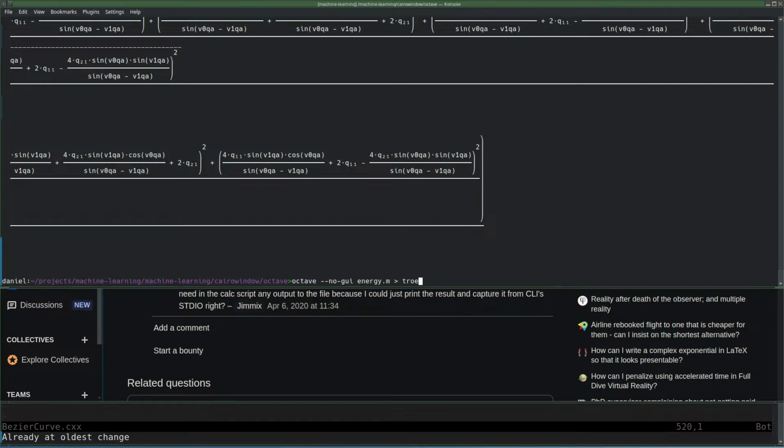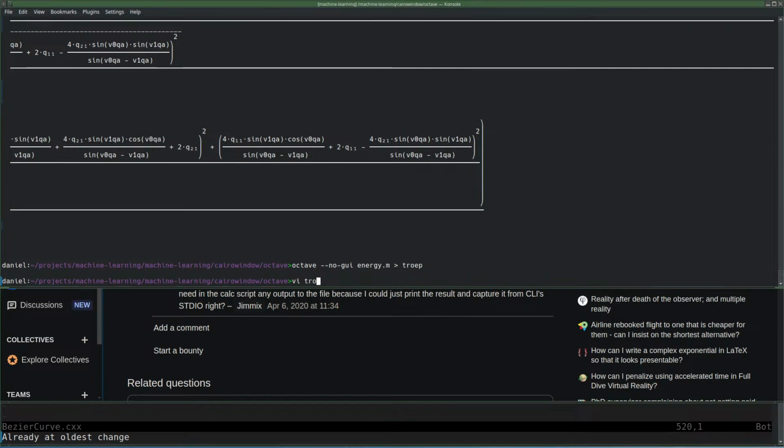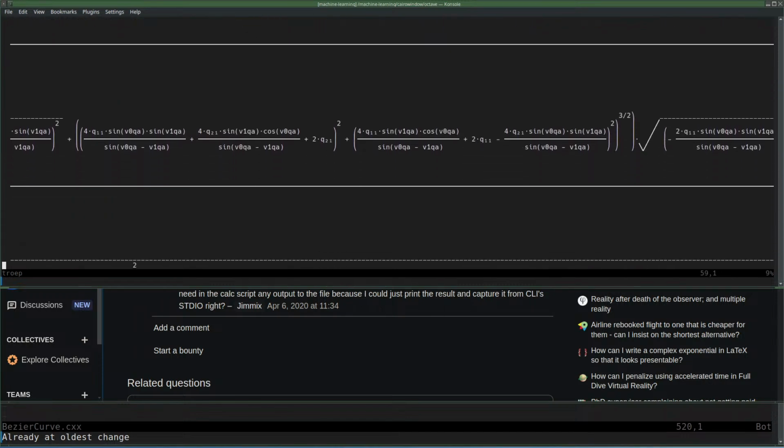So now if I just write it to a file, then what happens? What?